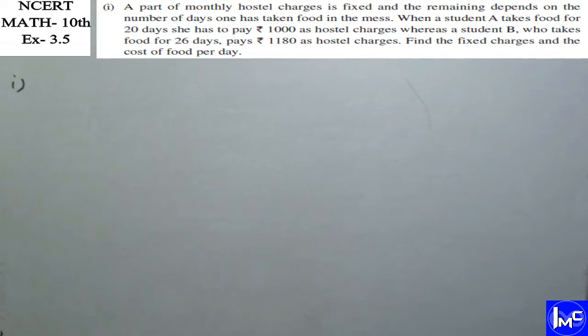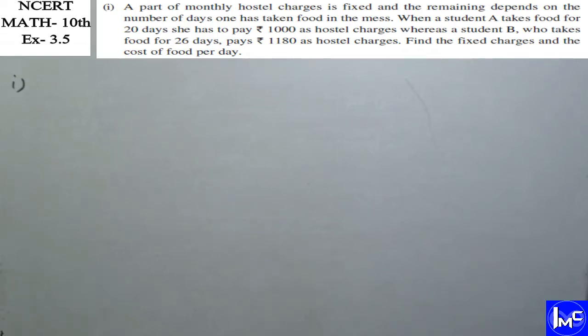When a student A takes food for 20 days, she has to pay rupees 1000 as hostel charges, whereas a student B who takes food for 26 days pays rupees 1180 as hostel charges. Find the fixed charges and the cost of the food per day.